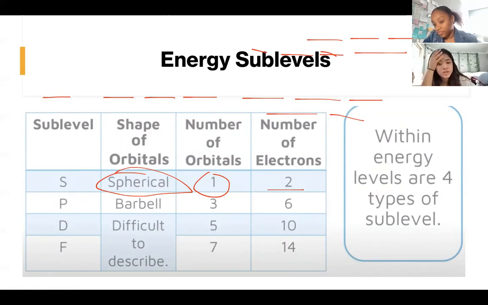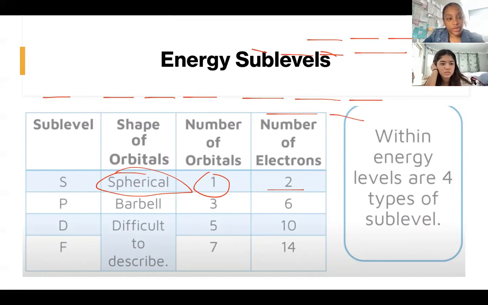I have a question. What's the part where the orbitals can only hold 2 electrons? Or you said something about something only holding 2. What was that again? Yes.